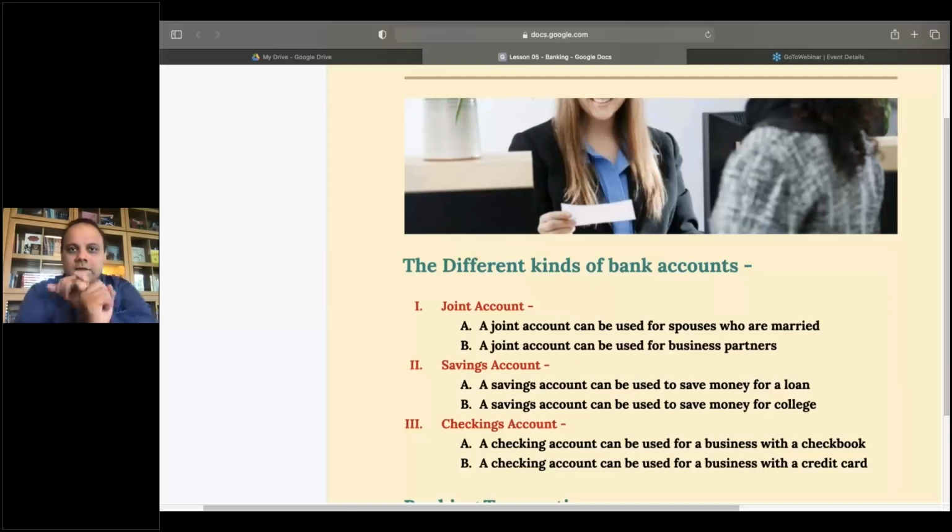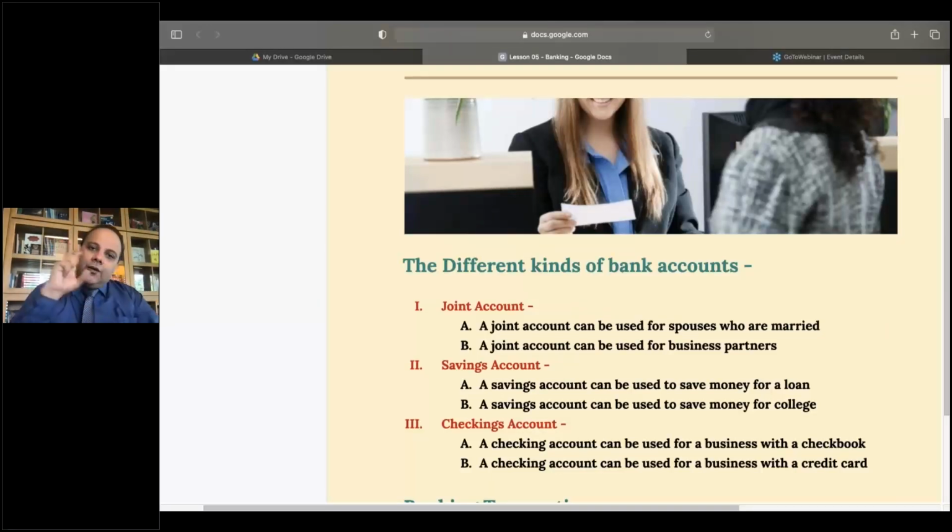Joint account is for two people. So a joint account can be used for spouses who are married. When you have a husband and a wife and they are married, you call them spouses. She is my spouse. He is my spouse. It means he is my husband or she is my wife.